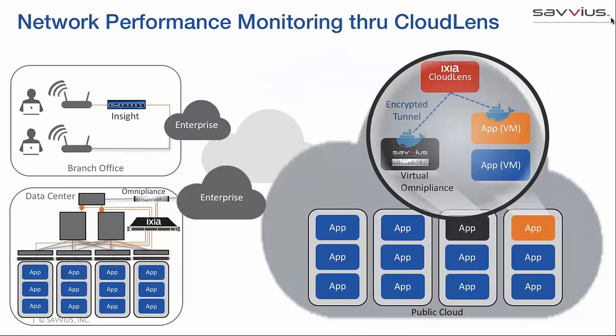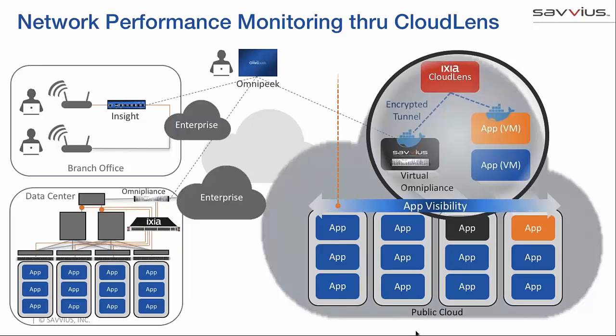Let me first explain a little bit, at a very high level, some of the components of the solution. As you can see here, Ixia CloudLens has a central SaaS application called CloudLens, which talks to client hosts or client servers through a Docker container and can have visibility into client applications and can relay the application data or packet data to a Savvius virtual appliance or Omni appliance, also running in a virtualized environment, over an encrypted tunnel.